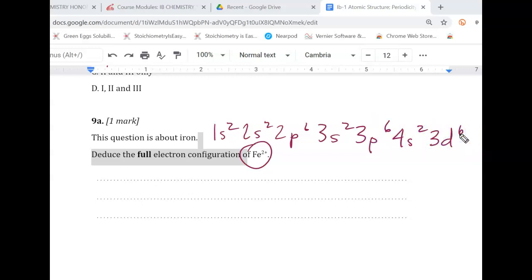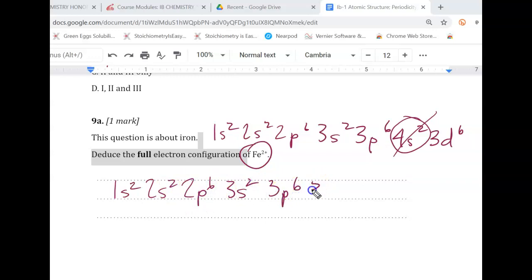Okay, so cool. But you did not answer for Fe2+, you just answered for Fe. For Fe2+, you have to take off the last 2 electrons, which are the outermost electrons. So you should have written 1s2, 2s2, 2p6, 3s2, 3p6, 3d6. That should have been your correct answer on that one.